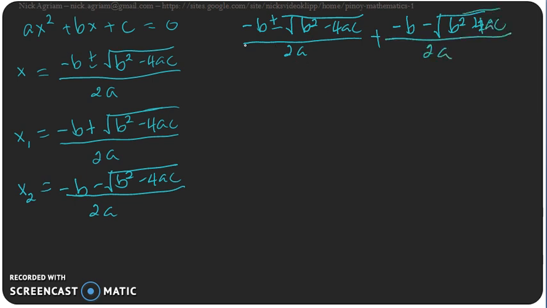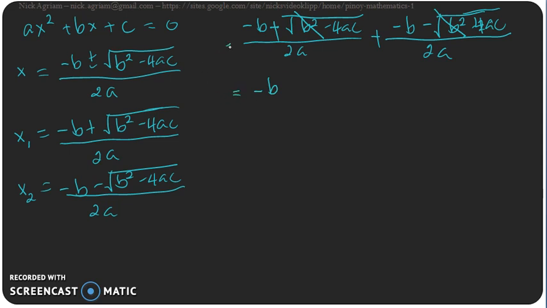As you can see now, we have the same denominator. Now we can add the numerators. So this one will be 0. Then we have negative b.